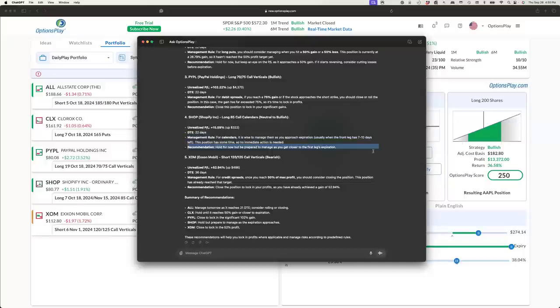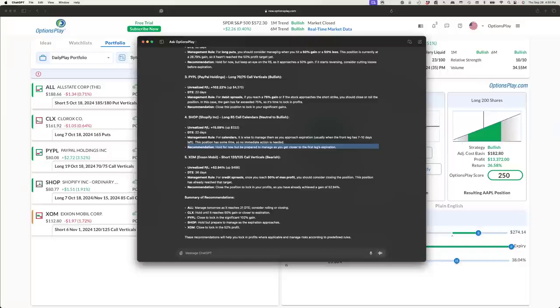So no matter what your portfolio looks like, no matter what strategies or symbols you're looking at, you're going to get a consistent review from this Ask OptionsPlay chatbot that's going to help you make those trading decisions from a much more objective perspective and give you the output that you're really looking for.